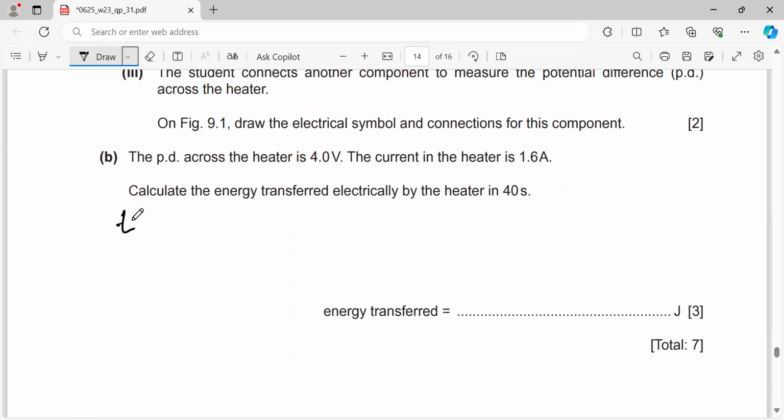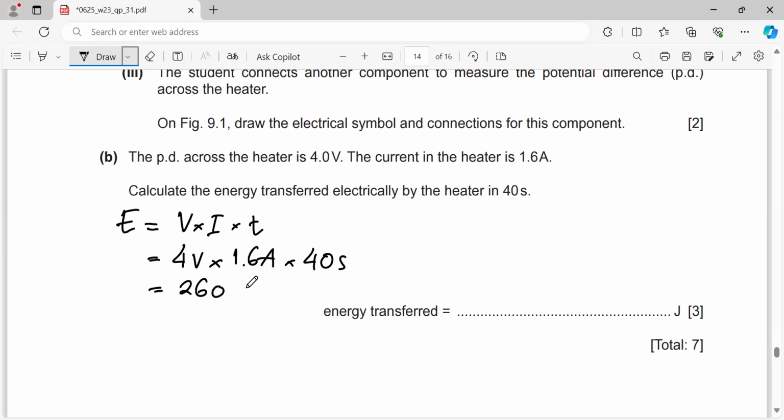The formula is E equals V times I times T, or 4 volts times 1.6 amps times 40 seconds, which is 256 joules. 260 joules.